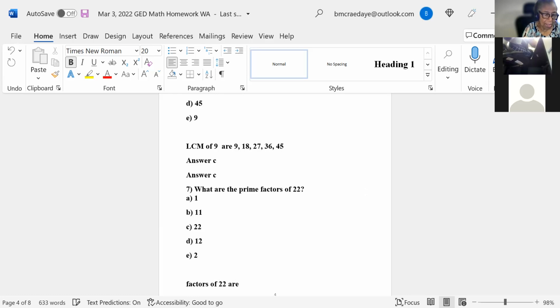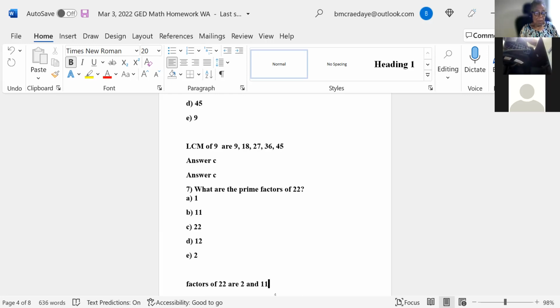So what are the factors of 22? Not 1, because we want numbers that can be multiplied to get 22, but they cannot be factored. In other words, they are primes. So it would be 2 and what? 11.